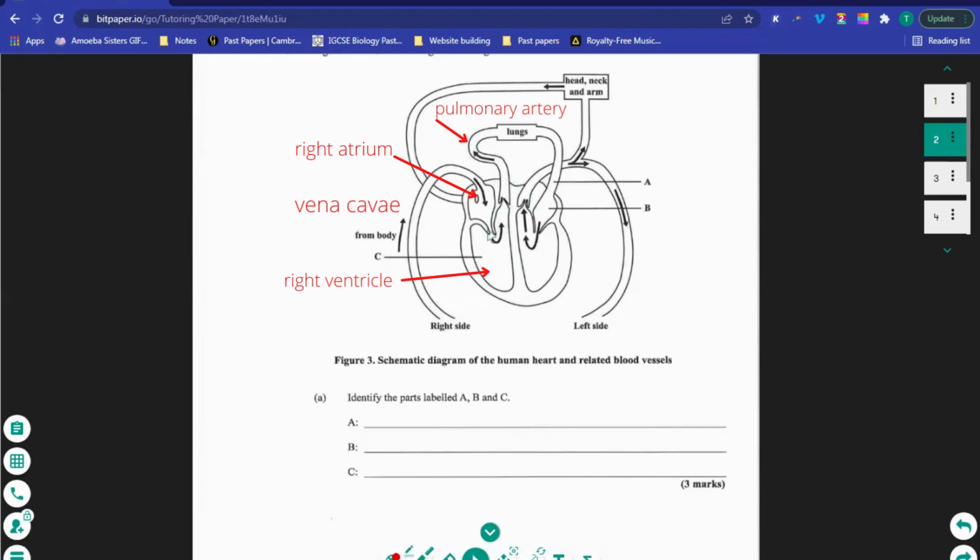Well, the tricuspid valves prevent any backflow of blood from the ventricle into the atrium. So once the heart contracts again, this goes up, preventing the blood from going back into the atrium, and therefore the only way it can go is to the pulmonary artery.